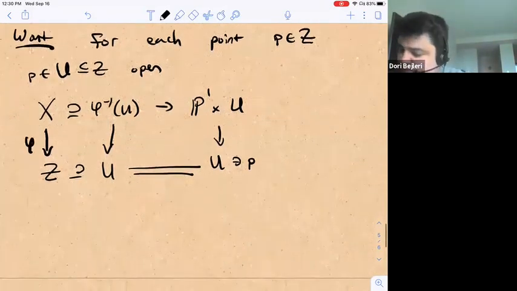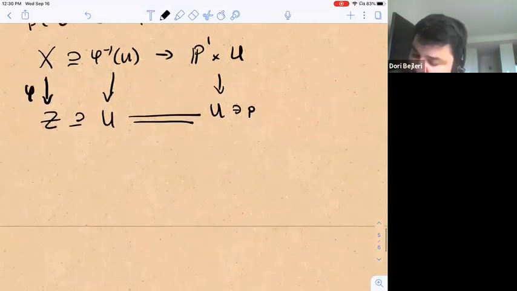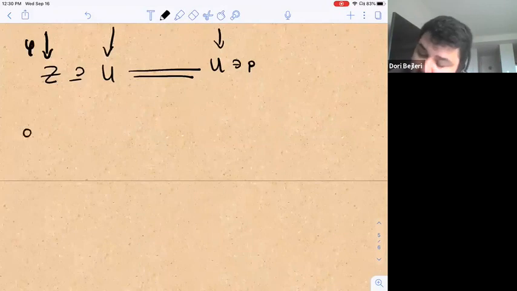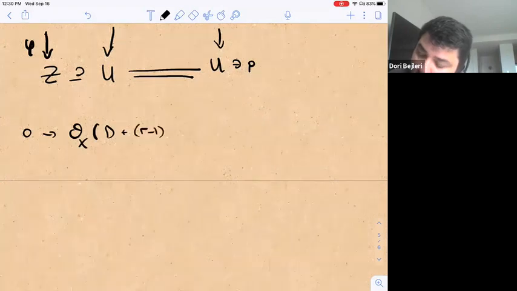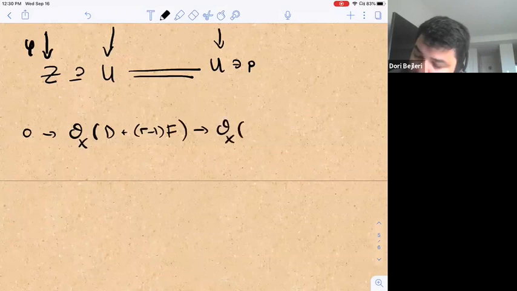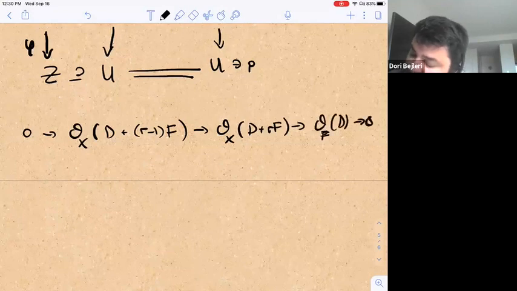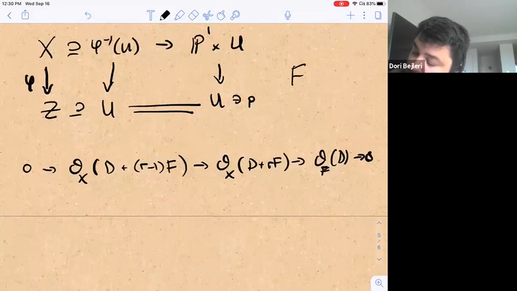Okay, so let's consider the following exact sequence, where F is the fiber over our point P, and D is this section.